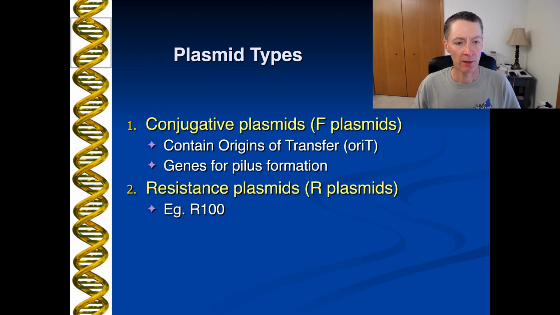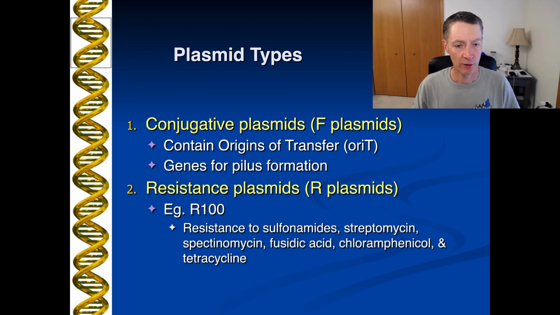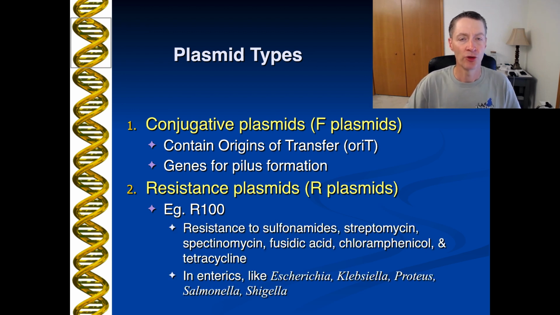Now, one example is R100. R100 happens to be found in certain bacteria. Some examples would include E. coli, so Escherichia, that's the genus, the E in E. coli, Klebsiella, Proteus, Salmonella, the list goes on and on. Now, all of these are gram-negative.